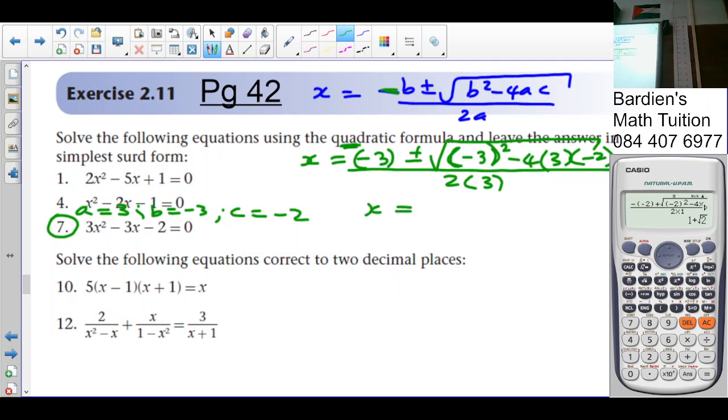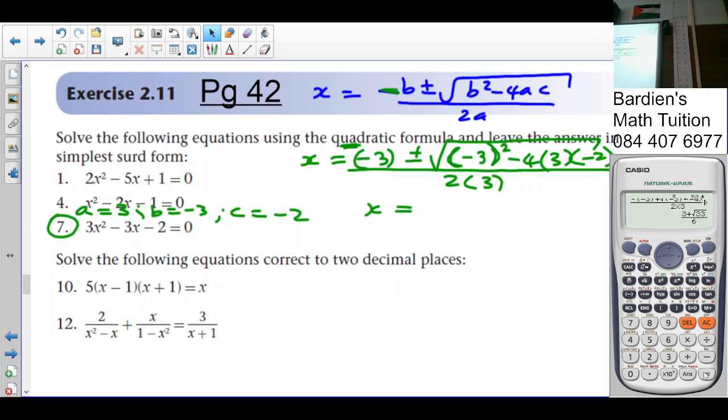So x is equal to, you got negative, open brackets, negative 3, close brackets, plus minus the square root of negative 3 squared minus 4 times a times c, which is negative 2, over 2 times 3. Is that correct?